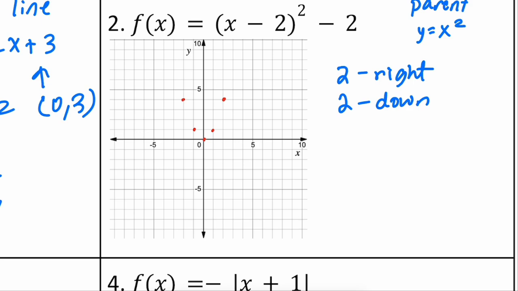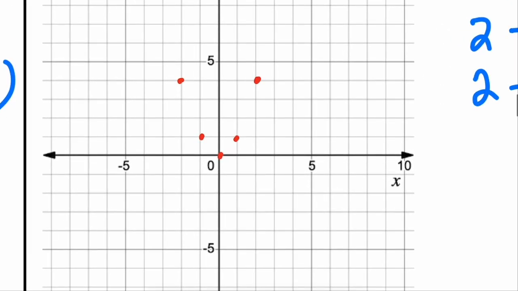And let's move them each to the right 2 and down 2. If I move this point to the right 2 and down 2, I'm going to move every single one of those points to the right 2, down 2. And I'm going to put my vertex where the vertex was, to the right 2, down 2. And that's the one we want to make our parabola.